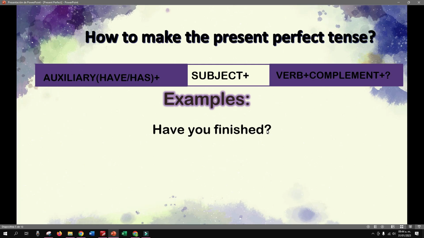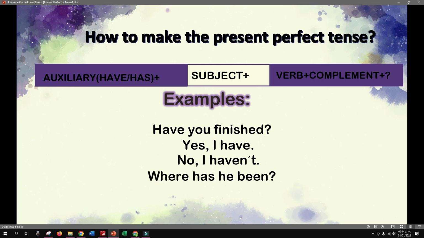The answer will be in this way: yes, I have. That would be the answer for that question. So, yes, I have if it is affirmative. And if you have the negative form, no, I haven't. So, have you finished? Yes, I have. Or no, I haven't. That is if you have a yes/no question.